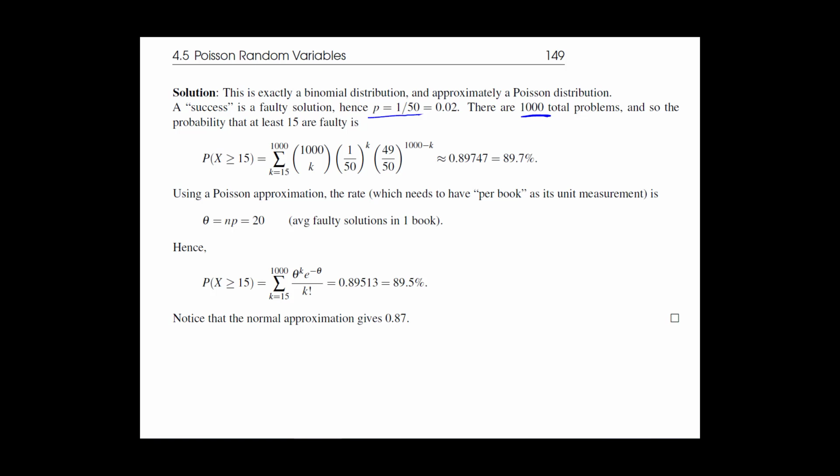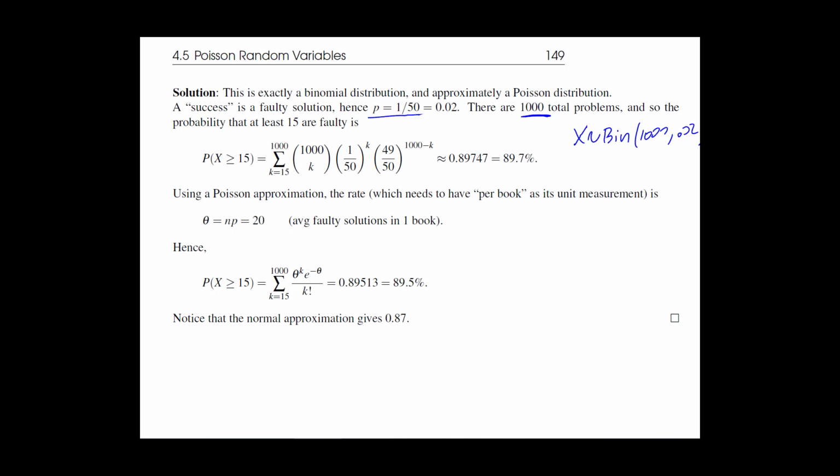So it's x, that's right here, x binomial distributed with 1,000 for n, and p is 0.02, right? All right, and then the probability that it's greater than or equal to 15 is this big sum, right, from 15 to 1,000.